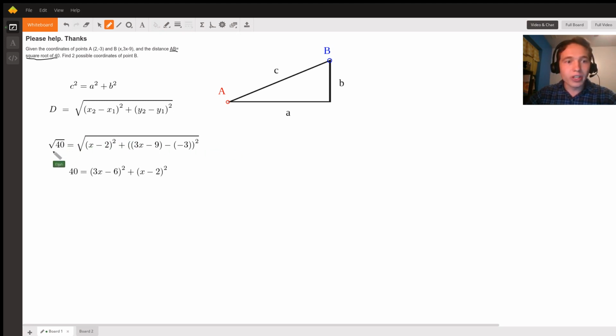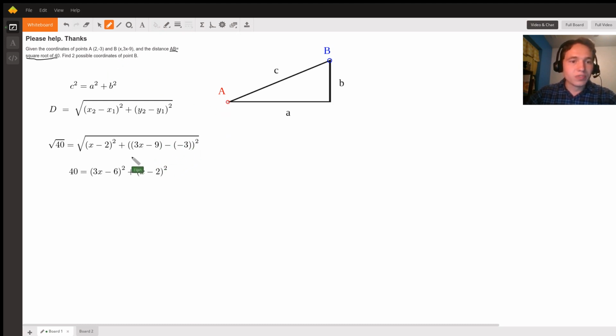The square root of 40, the distance between them, equals the square root of, we have the x-coordinate of our second point, B, which is x, minus the x-coordinate of our first point, A, which is 2, squared, plus the y-coordinate of our second point, which is 3x minus 9, minus the y-coordinate of our first point, which is -3, squared.